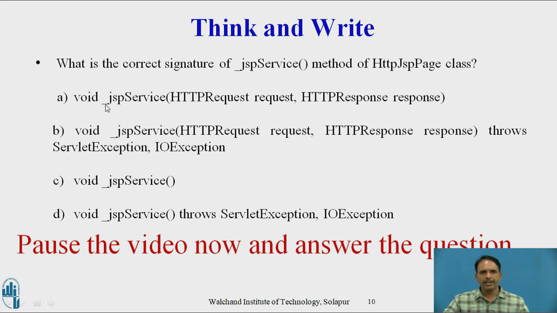The options are: void _jspService(HttpServletRequest, HttpServletResponse); void _jspService(HttpServletRequest, HttpServletResponse) throws ServletException, IOException; void _jspService() which does not take any parameter; and void _jspService() which does not take any parameter, throws ServletException, IOException.